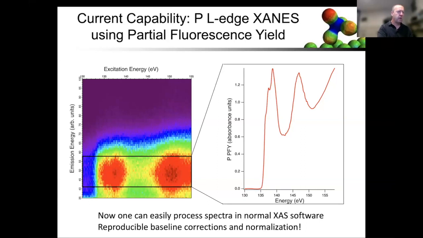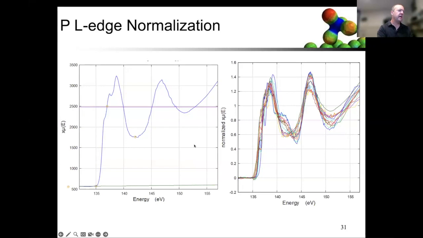Now you can just pull your data into Athena or Larch, whatever you're using, and just fit a background below the edge, fit a background past the edge, and get reasonably good normalization without any splines and without any complicated removals or mathematical stuff. These are just single scans of reference materials.